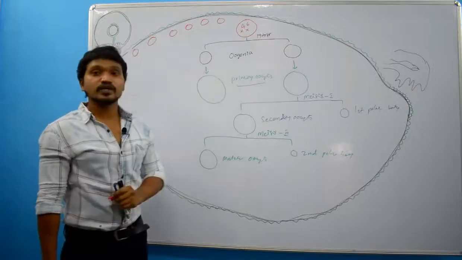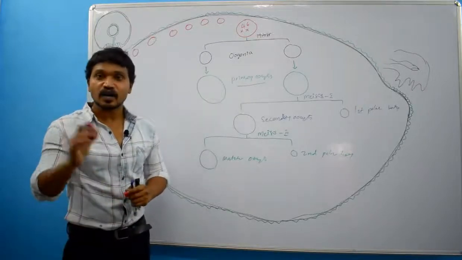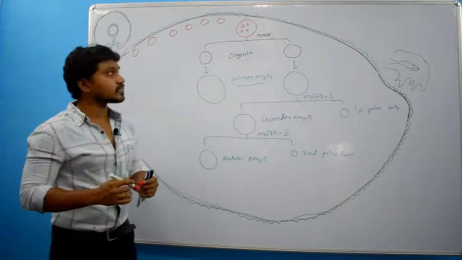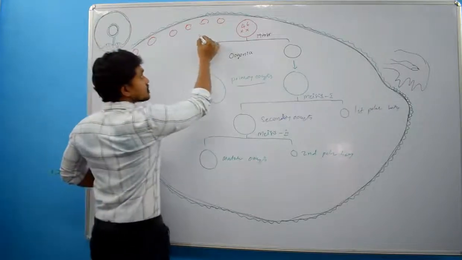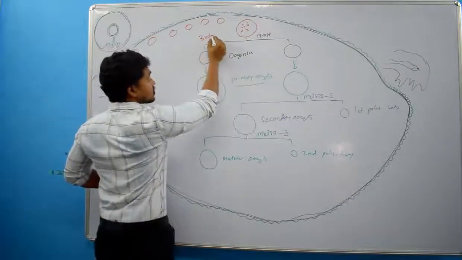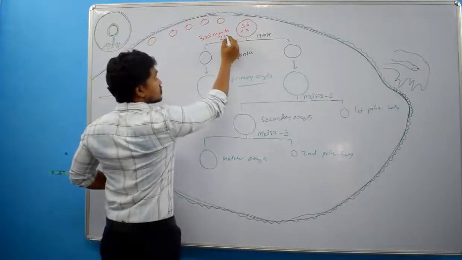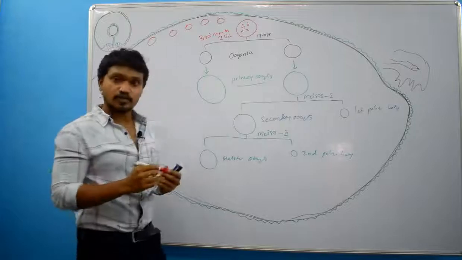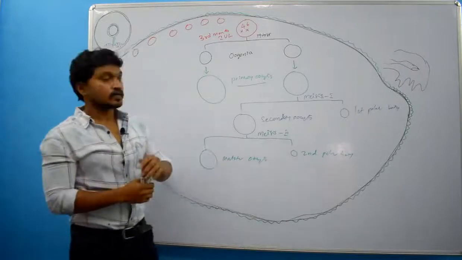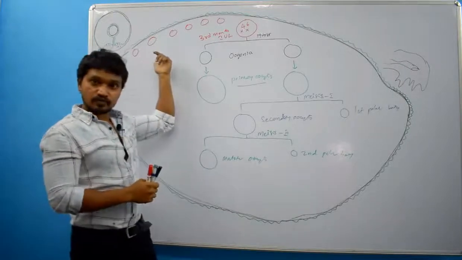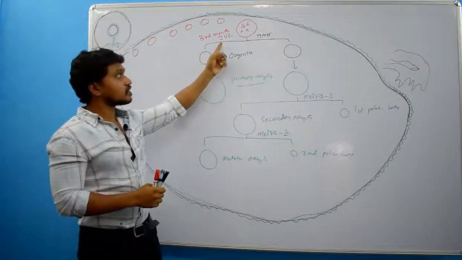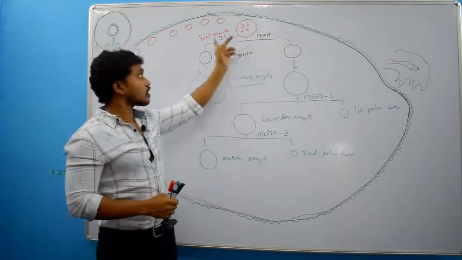So that primordial sex cell I have taken over here. These primordial sex cells start mitotic division around the third month of intrauterine life. They formed at the 4th week and started mitotic division around the third month.